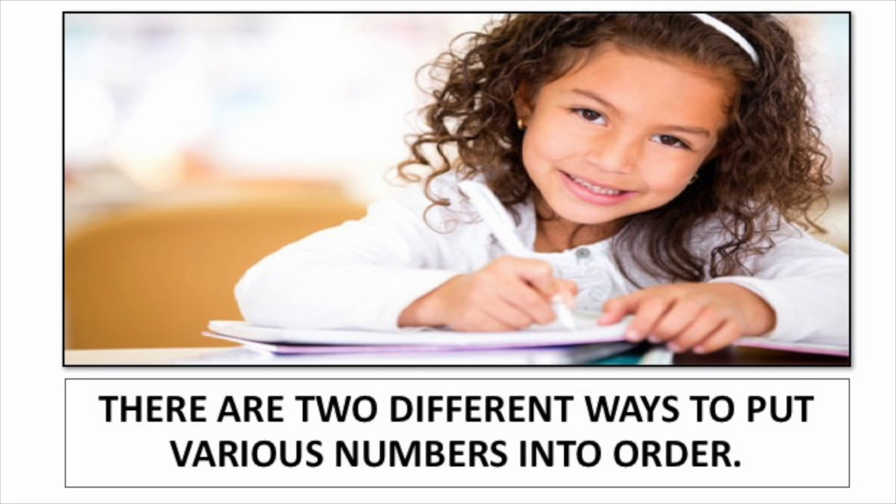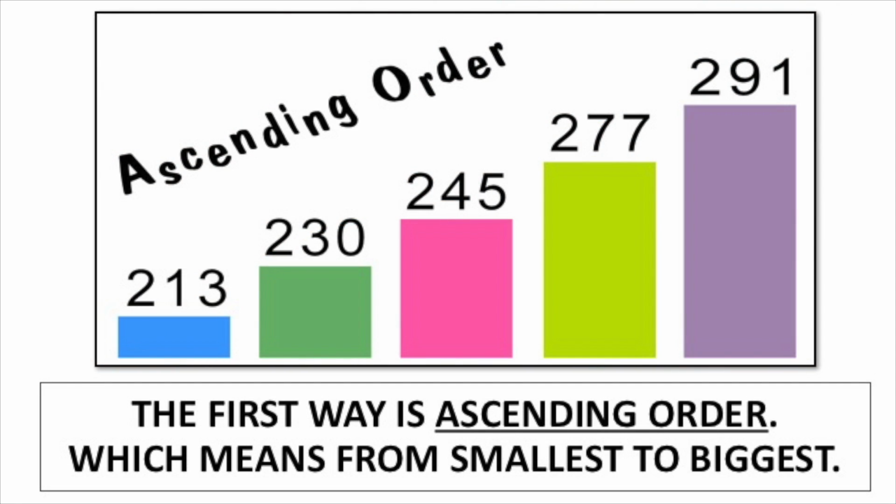Okay, so there are two different ways to put various numbers into order. The first way is ascending order, which means from smallest to biggest.